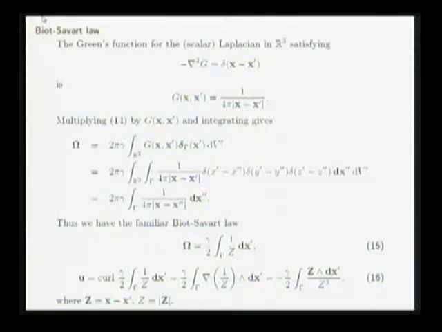And then to get the velocity, I've got to take the curl of this thing. So you take the curl of this integral, and you can take that inside the integral, and the dx prime doesn't depend on x, with respect to which the curl is taken. The only thing that depends on x in the integral is this z. So the curl of this ends up being the gradient of 1 over z cross dx prime.